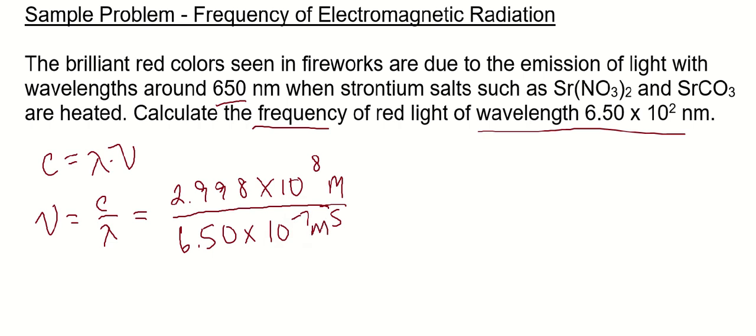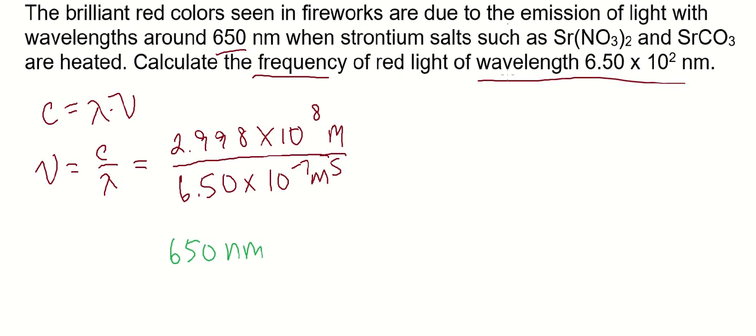If you are just getting started and this is one of your first problems, then I'll do the work here off to the side. So 650 nanometers, we're going to need a conversion factor to get rid of nanometers.